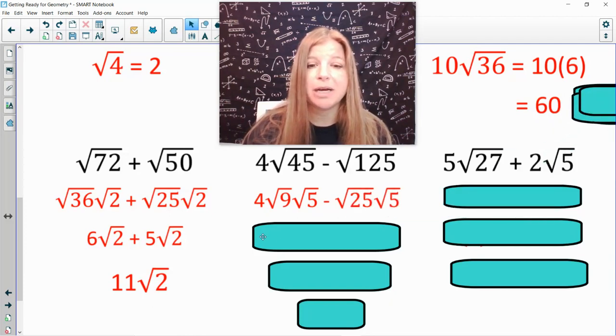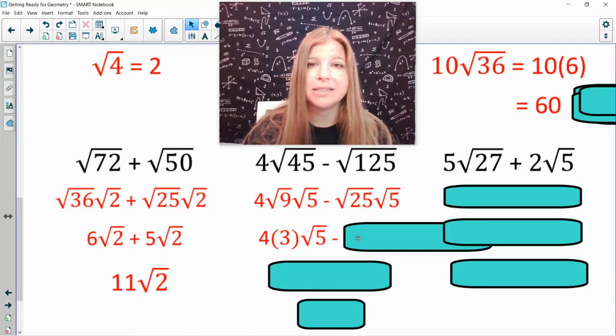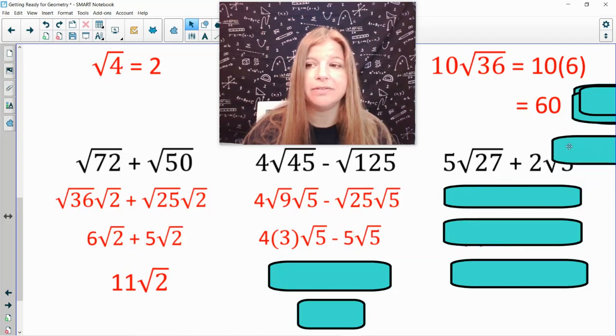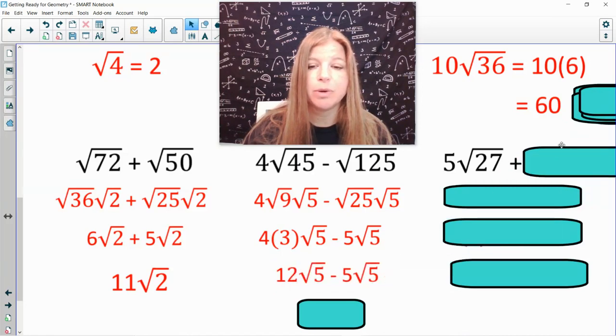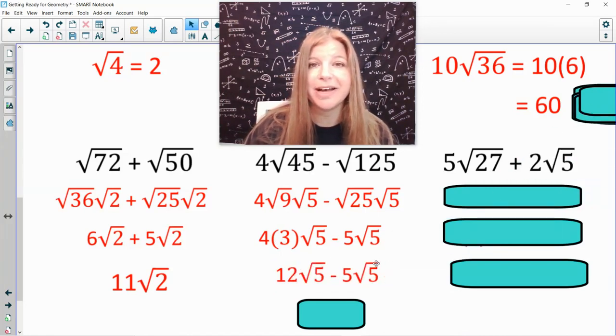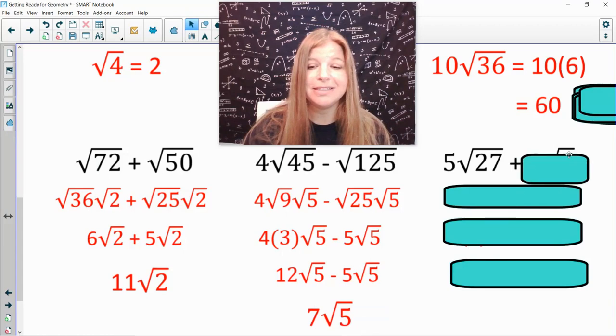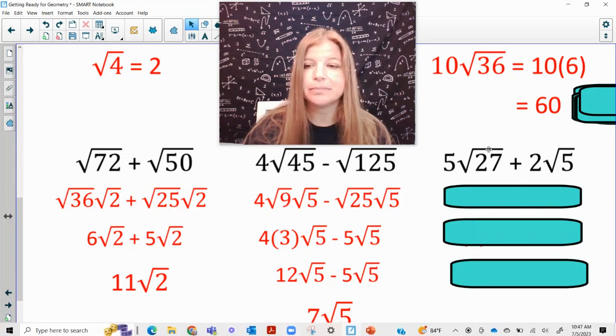This problem now becomes 4 times the square root of 9 is 3, radical 5, minus the square root of 25 is 5, radical 5. 4 times 3 is 12, so now I have 12 radical 5 minus 5 radical 5, and my final answer is 7 radical 5. 12 minus 5 is 7, radical 5, notice it stays.